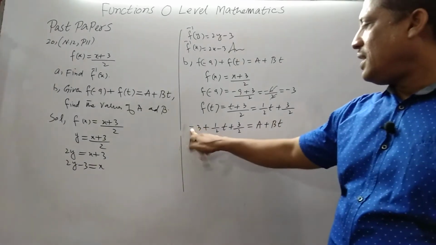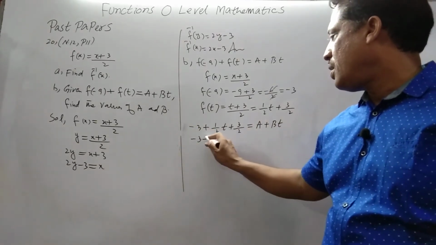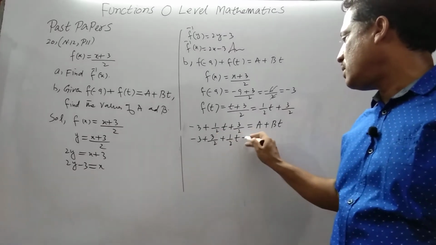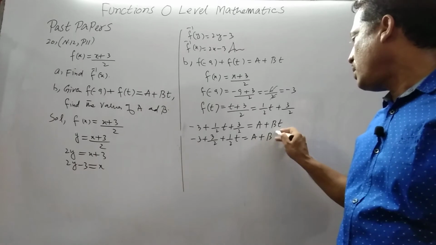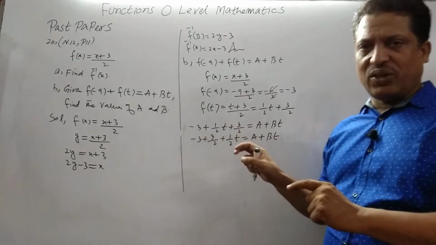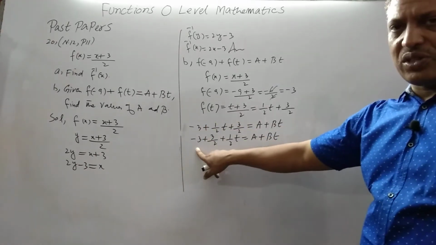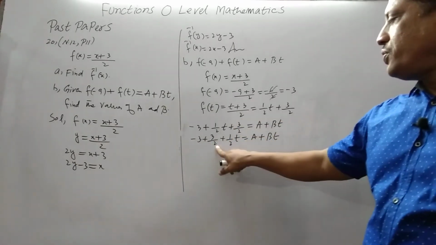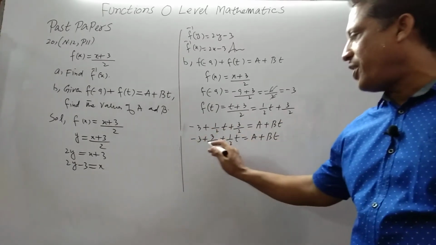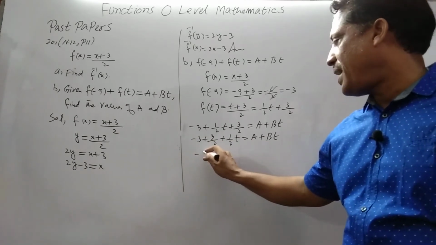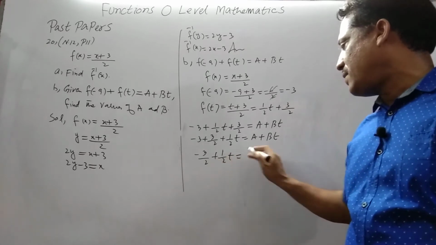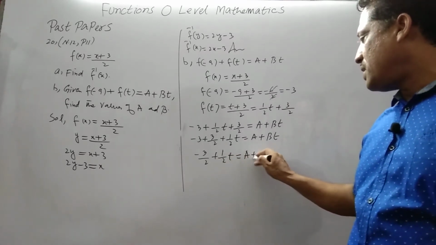First, this is minus 3, this is 3 upon 2, and this is a plus bt. We just rearrange the constants. This minus 3 is a constant and this 3 upon 2 is a constant. Constant means without t. 2 3s are 6. 6 minus 3 is minus 3 over 2, plus 1 upon 2 t equals a plus bt.